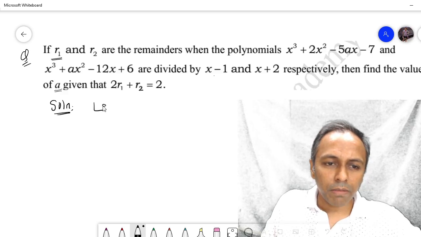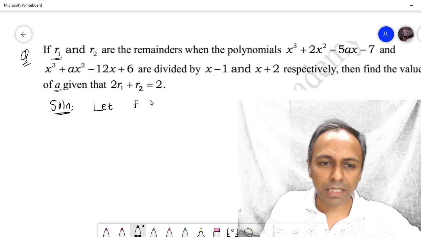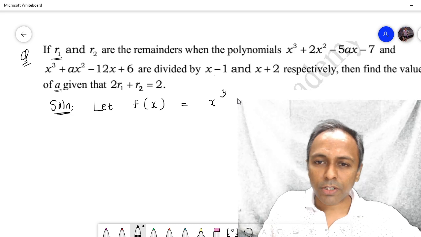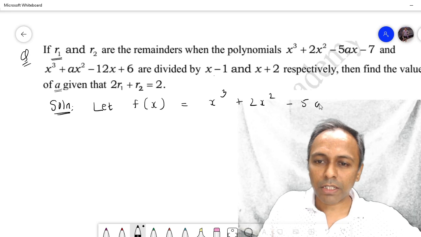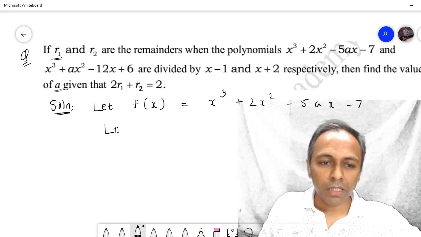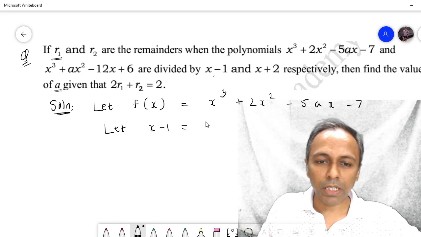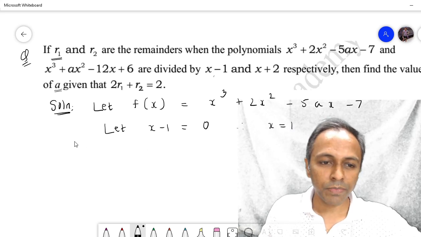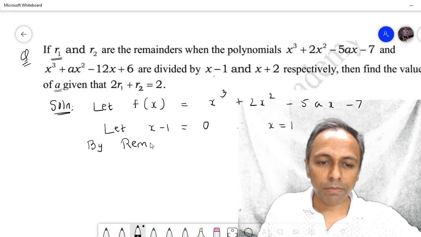We can begin by writing let f of variable x. So we can write let f of x is equal to x cube plus 2x square minus 5ax minus 7. Since respectively is written, let x minus 1 be equated to 0, so x is 1. Then we can write by remainder theorem.